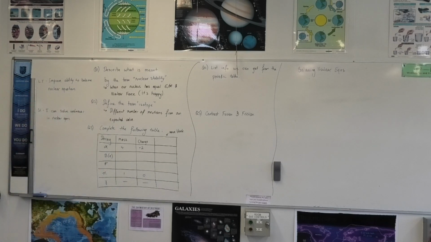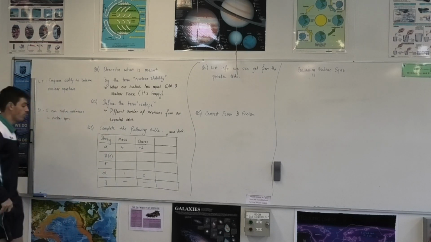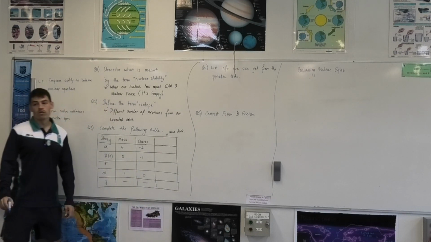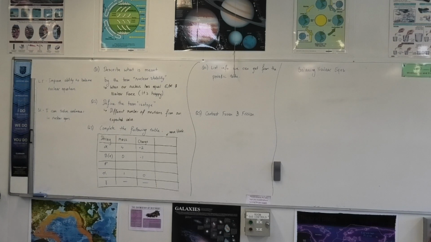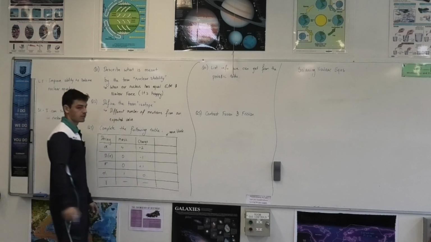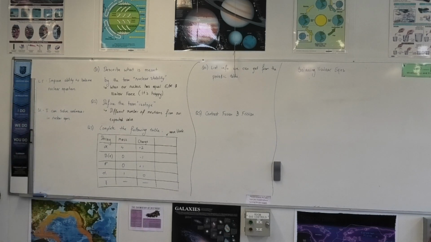What's the mass of an electron? 0. What's the charge? -1. We've also got this special type of electron called a positron, and you'll never guess. It's just like an electron, but it's positive.